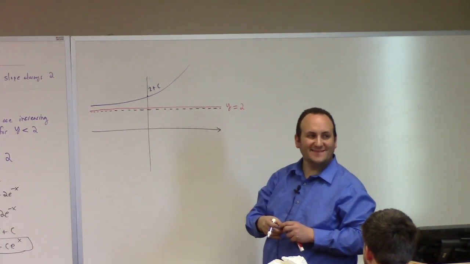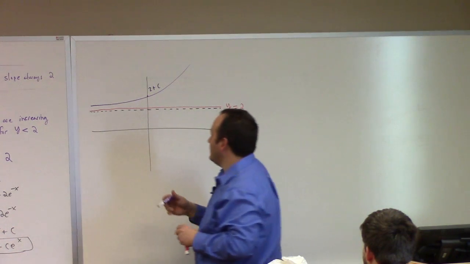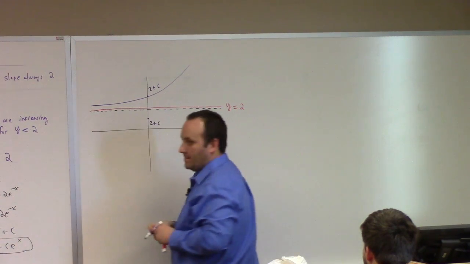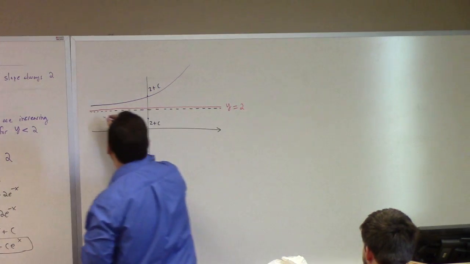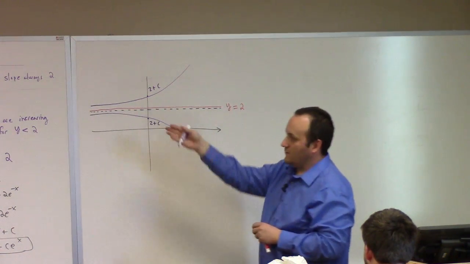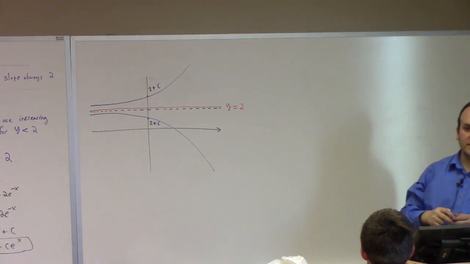It's always increasing because y is always greater than 2. On the other hand, if c is less than 0, this is 2 plus c. Like if c was equal to minus 1, it could be that. And then it's always decreasing, and y is always less than 2. So it does everything we said it should do. All right?